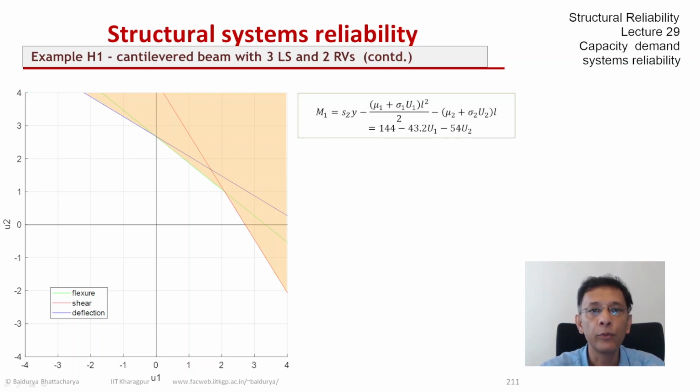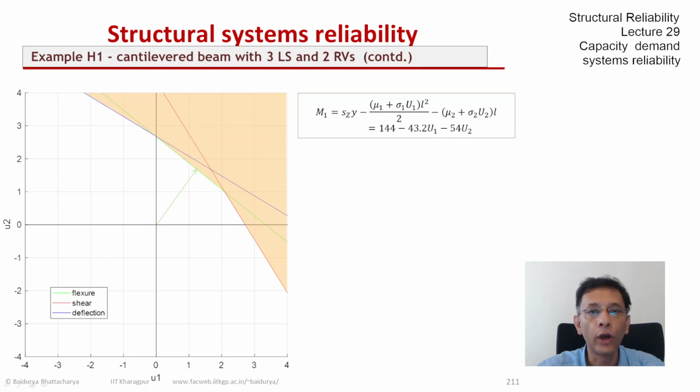So we end up with a linear equation in U1 and U2. As you see, it's 144 minus 43.2 U1 minus 54 U2. Just to check, at the origin, U1 and U2 are 0, we have M1 positive, so the origin is in the safe region.